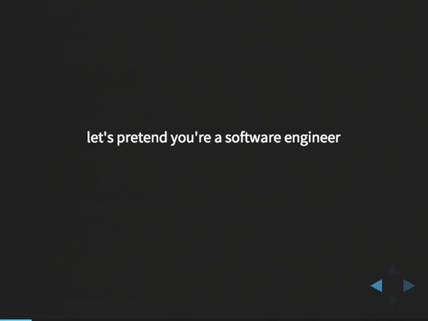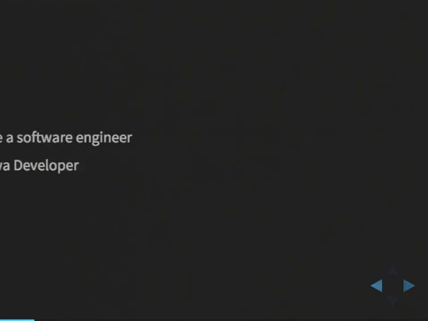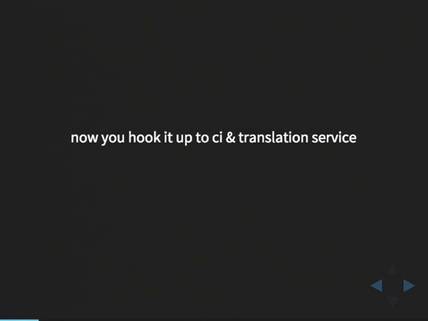So let's pretend you're a software engineer for a moment. Let's say you're a senior Java developer. It's a mythical language. And you're creating a new build. So you apply plugin Java. I didn't want to single out any specific plugin developer here. Then let's hook it up to something that's a CI, and it also happens to translate builds.